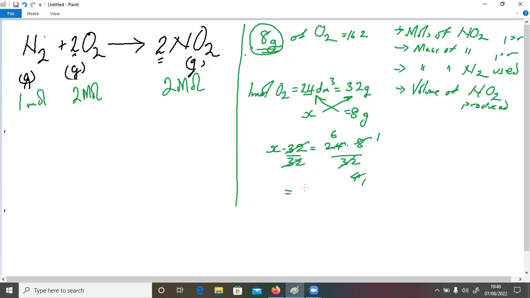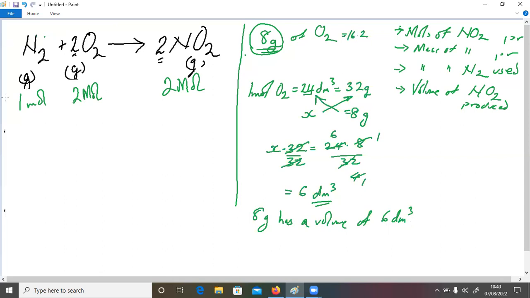So it means that 8 grams of oxygen is a volume of 6 dm cubed of oxygen at room temperature and pressure.